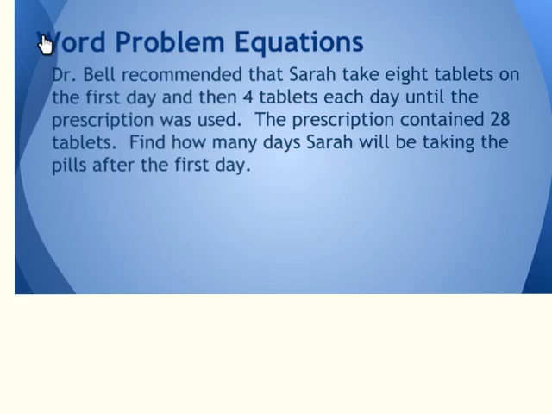And I'll tell you, my first instinct when I saw this was to start with 28 and just keep subtracting. So if we're talking about what our strategy would be if we didn't have knowledge of equations, this would probably be it. It says that she was to take 8 on the first day, so that would leave 20. And then 4 each additional day. So if I just kept writing minus 4, 16, minus 4, 12, minus 4, 8, and then we'd have 4 and 0.